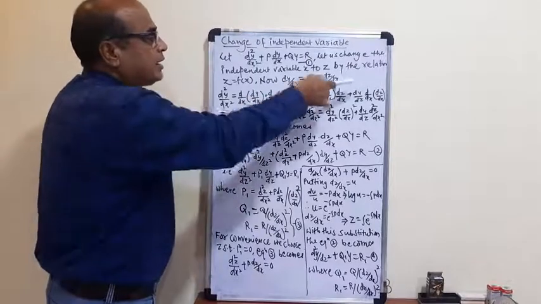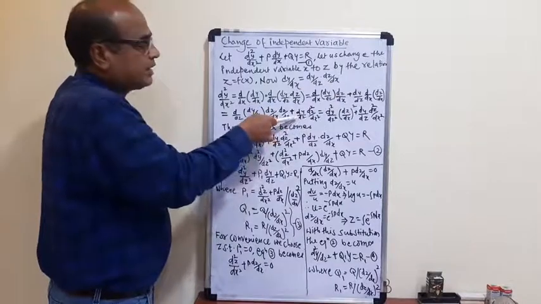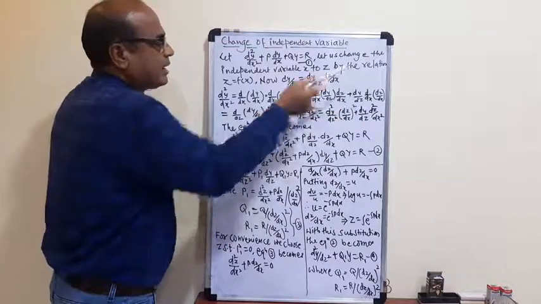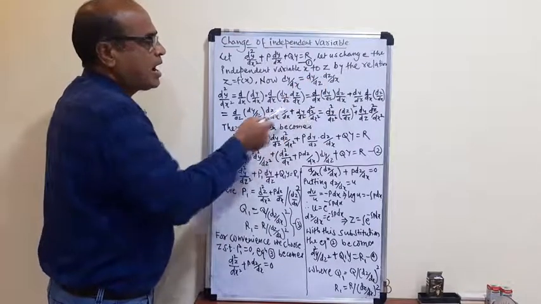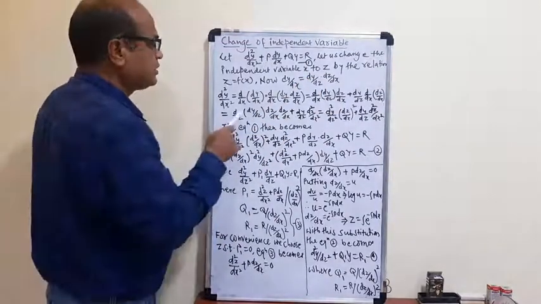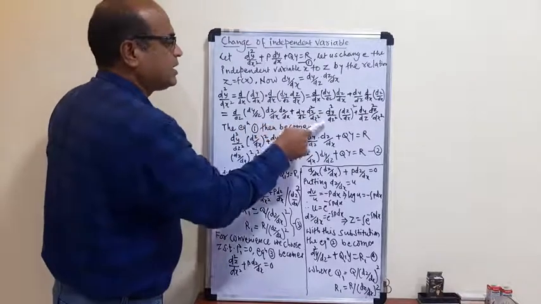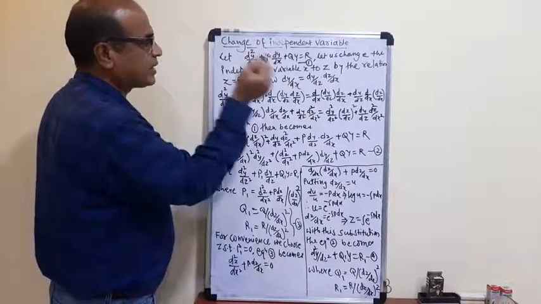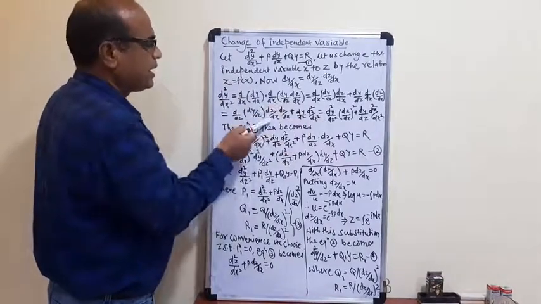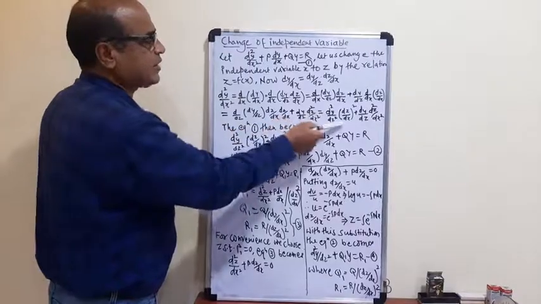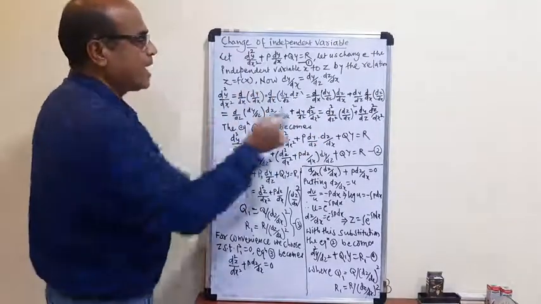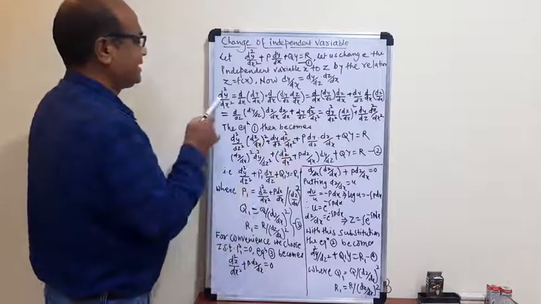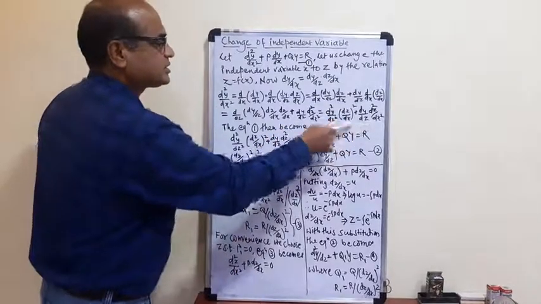Then dy by dz, and the derivative of d by dx of dz by dx is d2z by dx square. So this is equal to d2y by dz square into dz by dx, that is dz by dx bracket square, plus dy by dz as it is times d2z by dx square. So we get d2y by dx square.